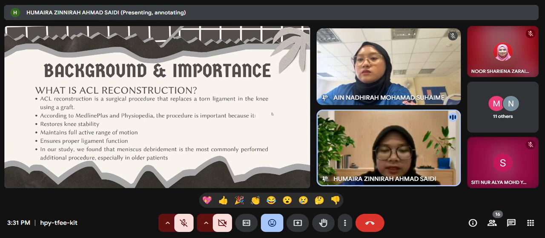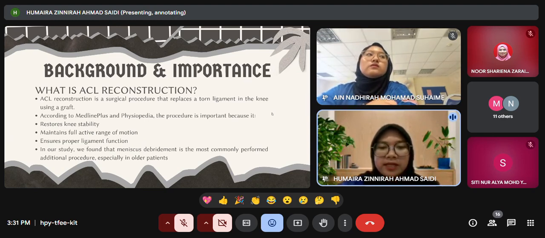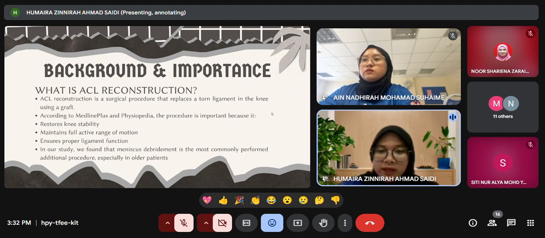According to Physiopedia, this procedure helps to restore knee stability, maintain full active range of motion, and ensure proper ligament function. Our main focus today is to highlight a pattern: meniscus debridement is the most common additional procedure during ACL reconstruction, and its usage increases as the patient's age increases.